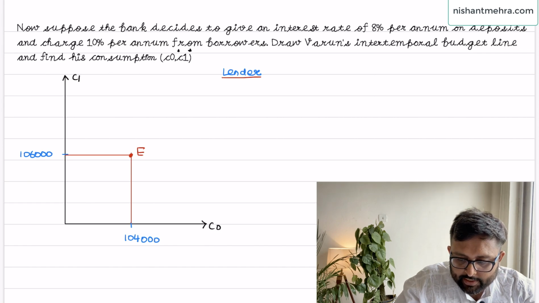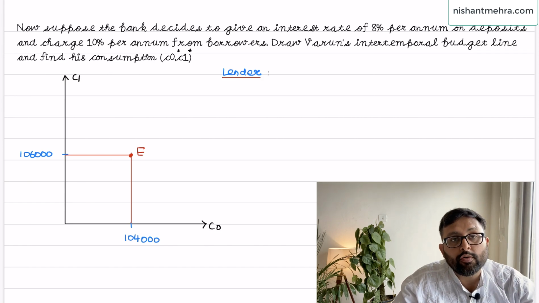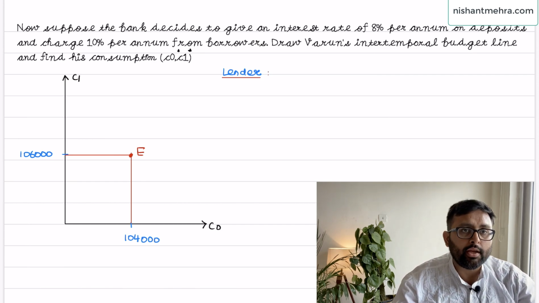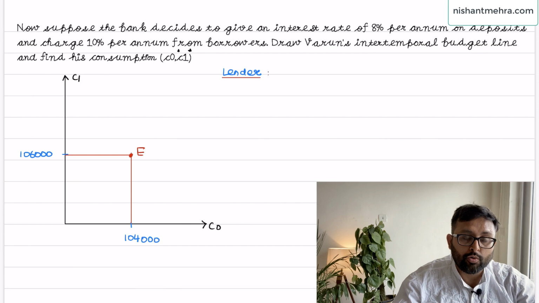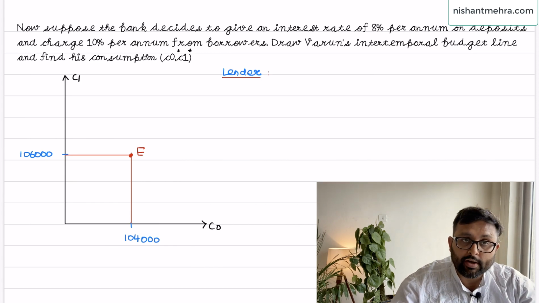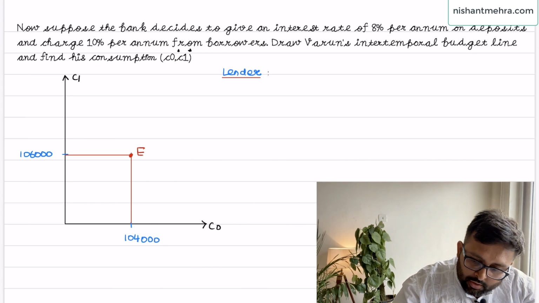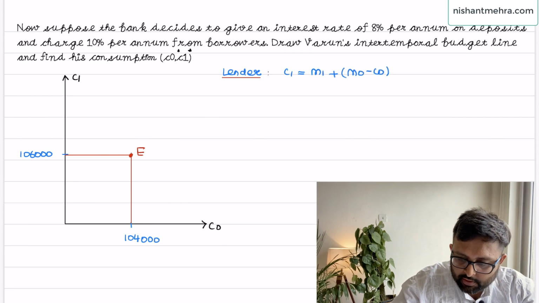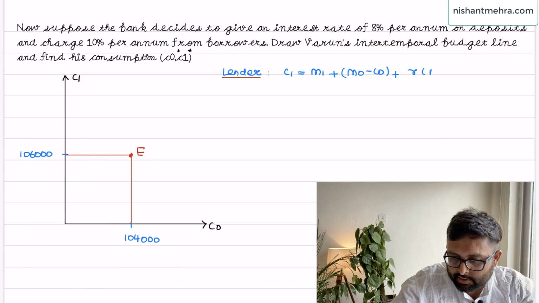If he wants to be a lender, let me first find that point where he is not consuming anything today and is consuming everything tomorrow. So I want to find the intercept on the y-axis first. My consumption in time period 1 is going to be my income plus savings from the previous period, plus interest on those savings.